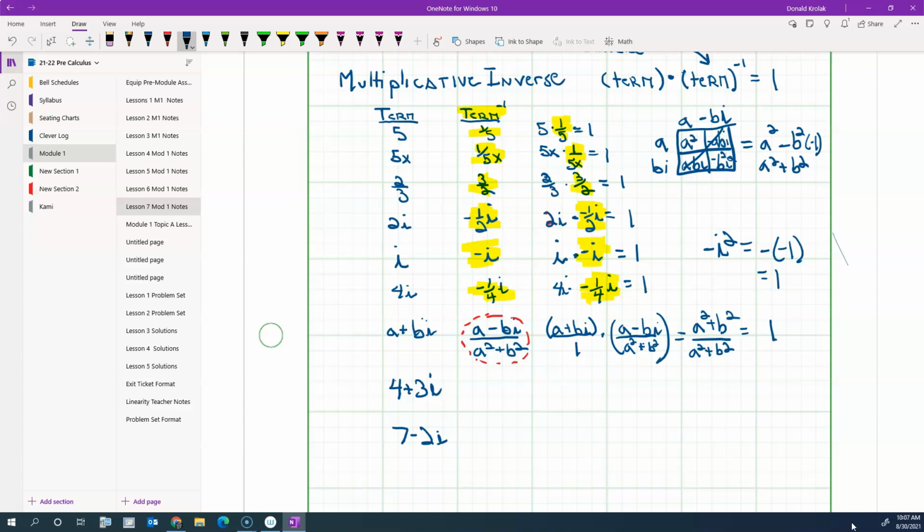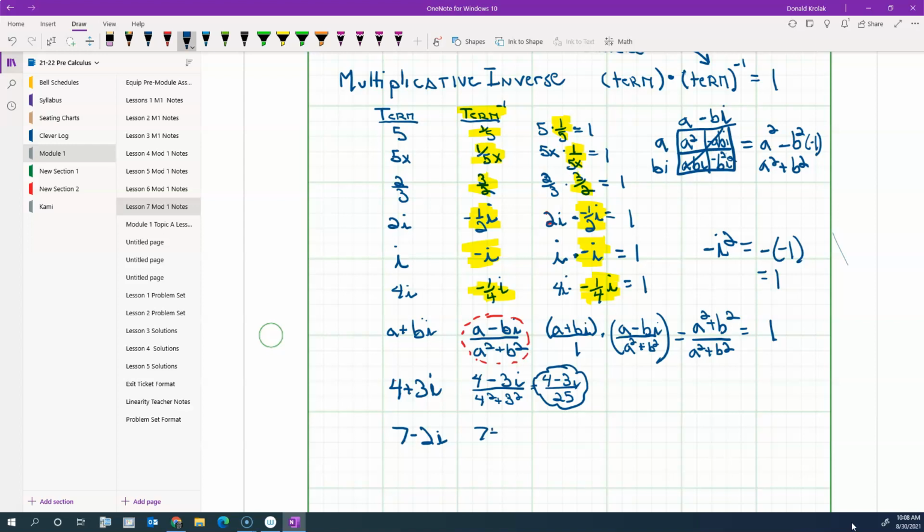Here we go. So this would be 4 minus 3i over 4 squared plus 3 squared. So the multiplicative inverse altogether would be this. Okay, for this one, it's going to be 7.